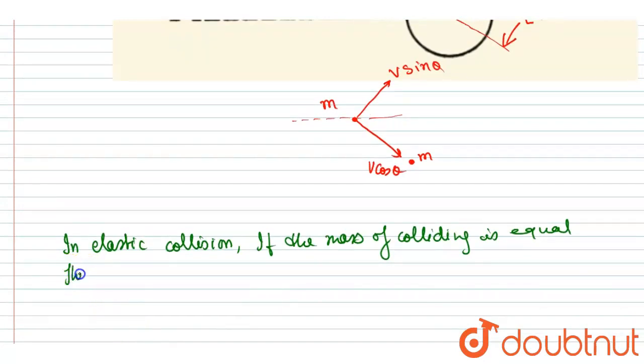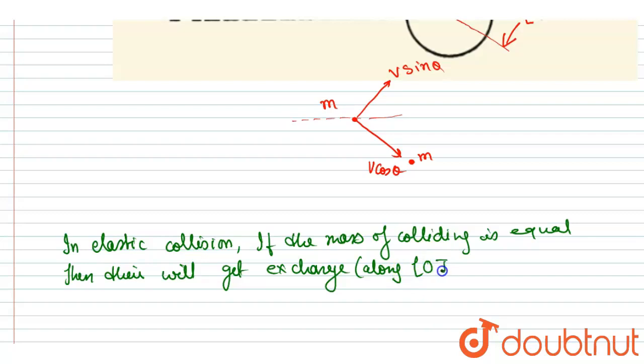So I will write here, exchange along the line of impact. Obviously the line of impact perpendicular component is not changing at all.